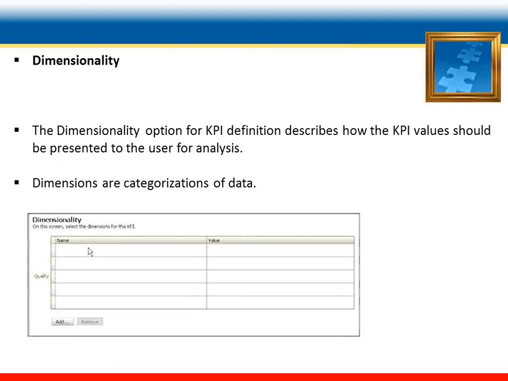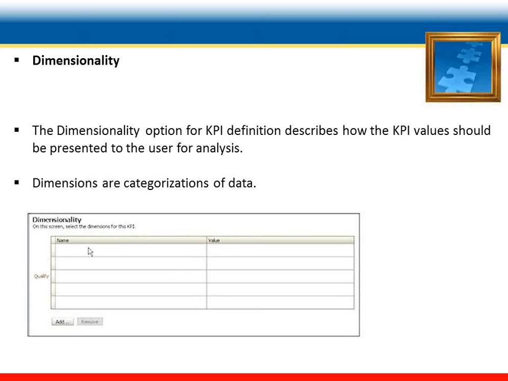So the comparison between the actual and target value defines the performance of the KPI. This is a general property, and dimensionality is one of the main and very important properties of the KPI. It describes how the KPI value should be presented to the users for analysis, and dimensions are the categorization of the data.